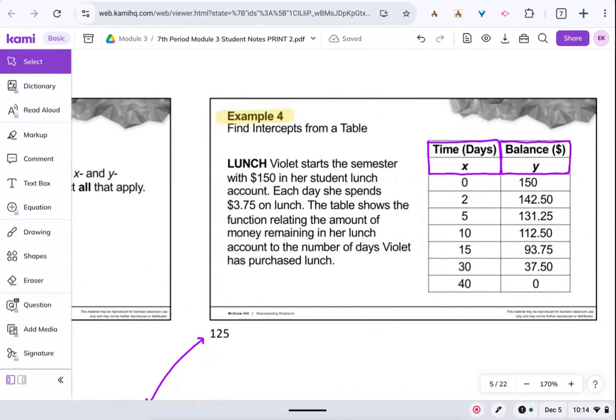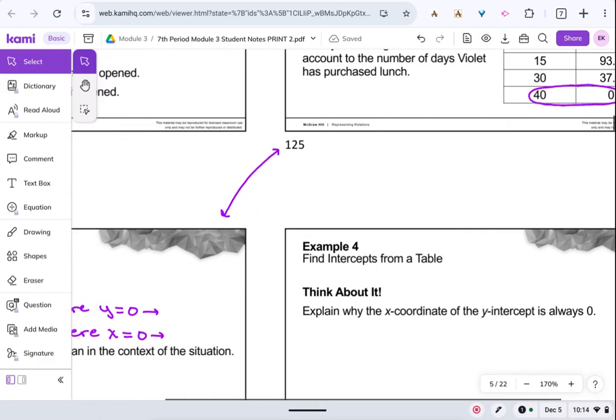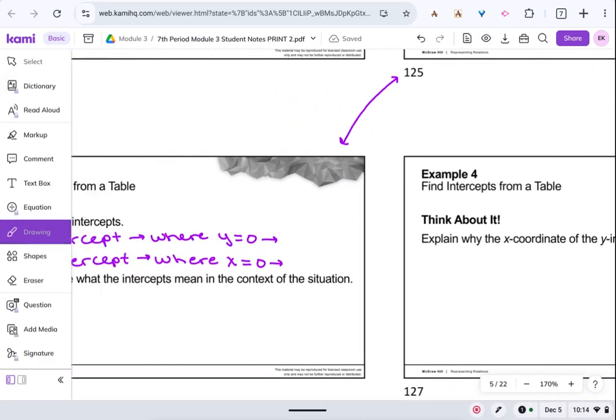So if I look at my table up above, y is 0 way down here at the bottom. So that last set of data, 40 and 0, where y is 0, that's going to be my x-intercept. So I'm going to go ahead and write that as an ordered pair here on slide 126. For our x-intercept, it's 40, 0.